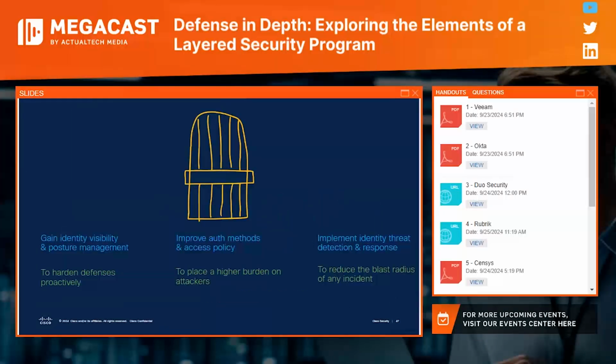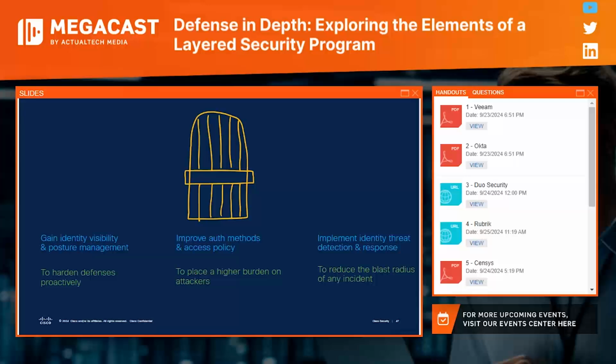So with that, I basically just want to conclude by saying, we think it's really important to get a defense in depth around identity. You're going to want to gain identity visibility and posture management. Why do you want to do that? This is in the pre-authentication portion. You want to do that to harden defenses proactively.